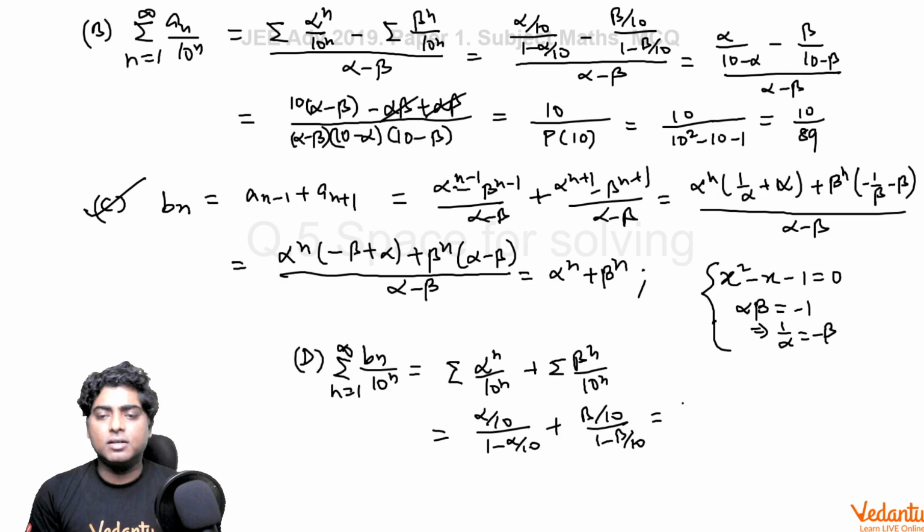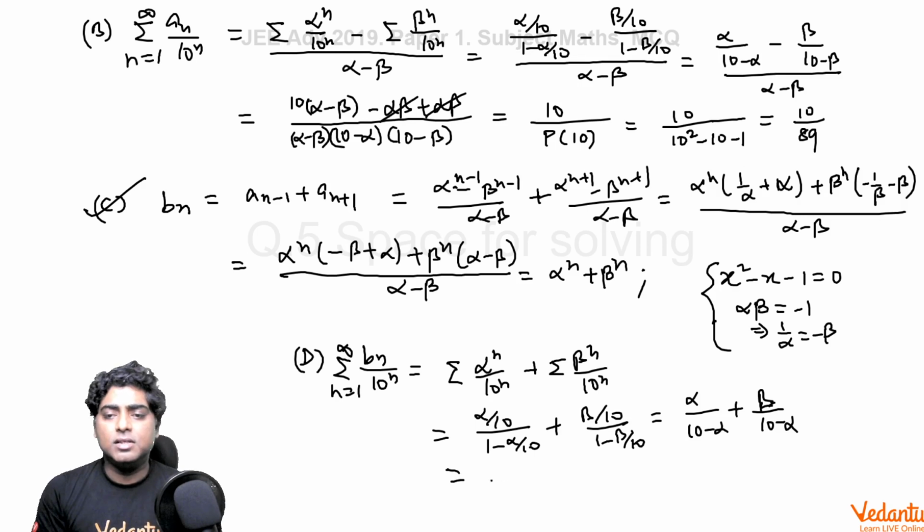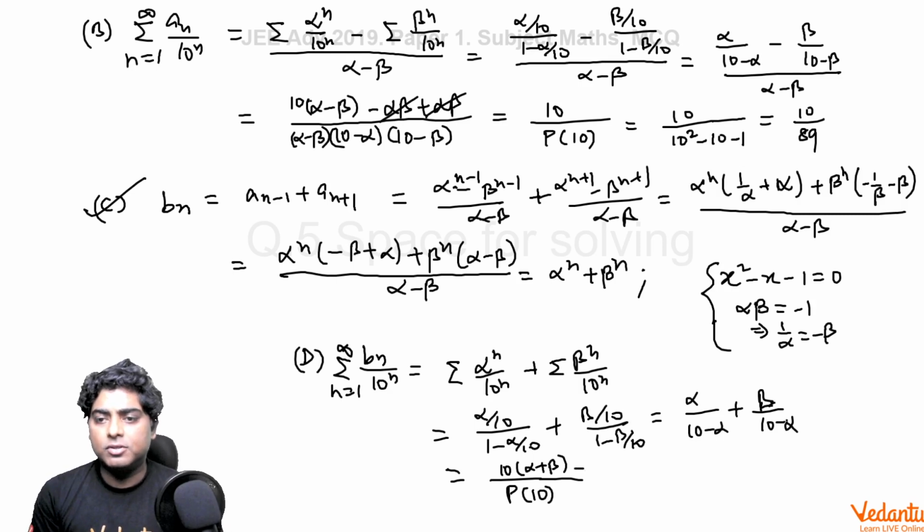So you'll get alpha upon 10 minus alpha plus beta upon 10 minus beta, and then we can easily write that it is nothing but P10 when you take the LCM, and in the numerator you'll get 10 times alpha plus beta, minus 2 alpha beta.